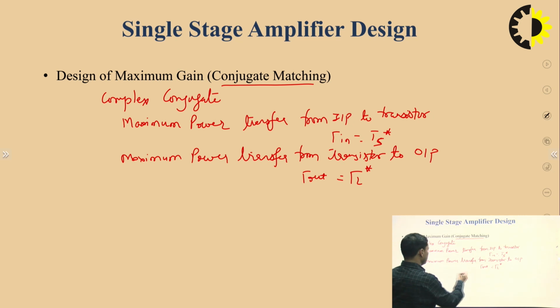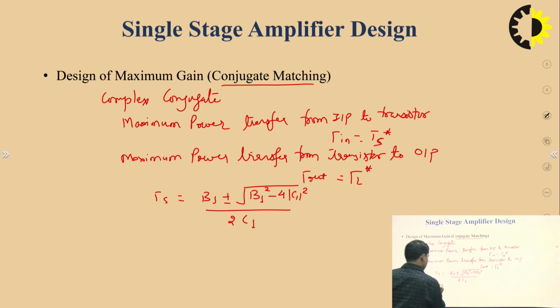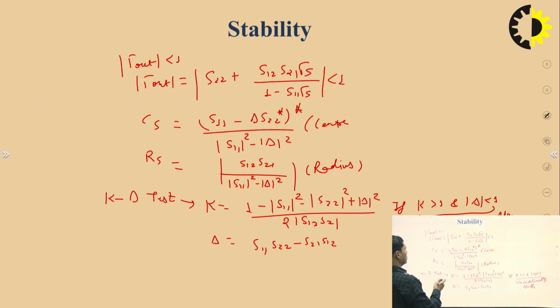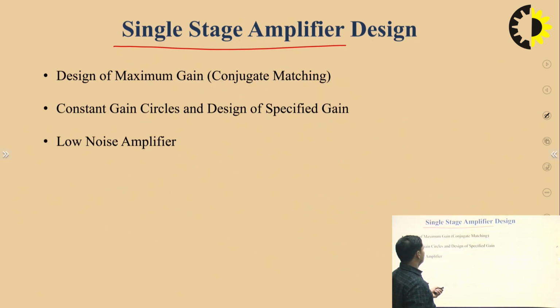After simplifying these values, the value of rho s comes out as B1 plus minus the square root of mod B1 square minus 4 mod C1 square, divided by 2 C1, because when we solve these values using rho in equals S11 conjugate, the same method applies for rho out as well.